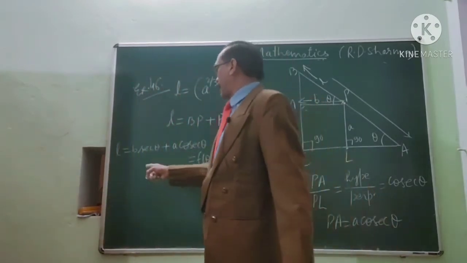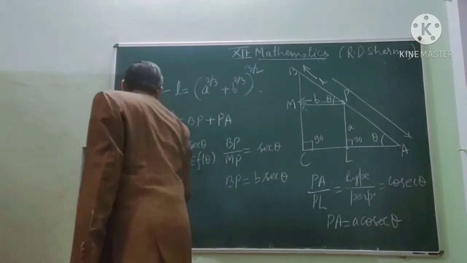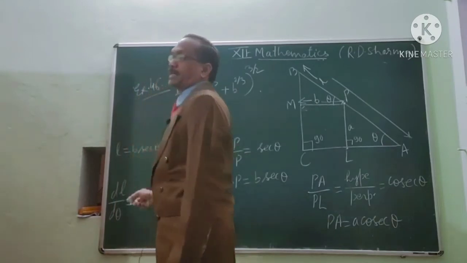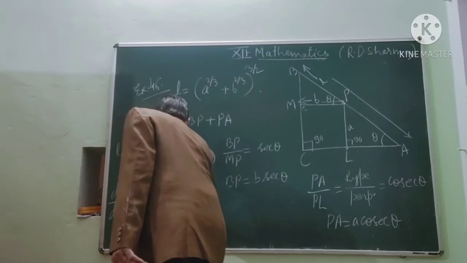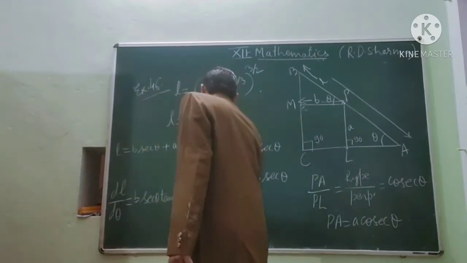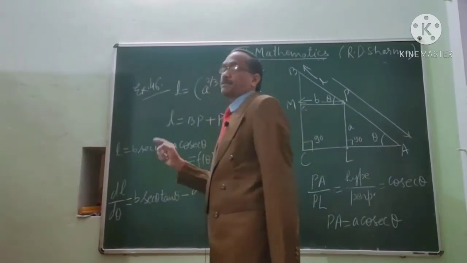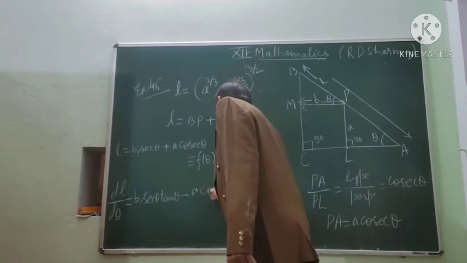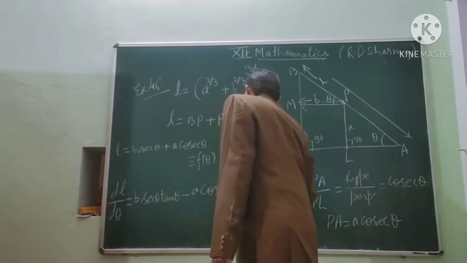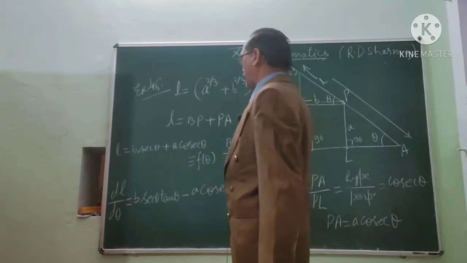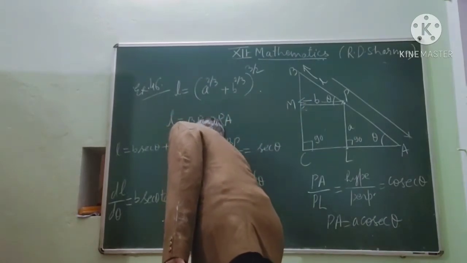Now we will differentiate L with respect to theta. So dL/dtheta is equal to b, derivative of sec theta is sec theta tan theta, minus a, derivative of cosec theta is minus cosec theta cot theta, so a cosec theta into cot theta. Since the first order derivative is 0, therefore dL/dtheta is 0 here.